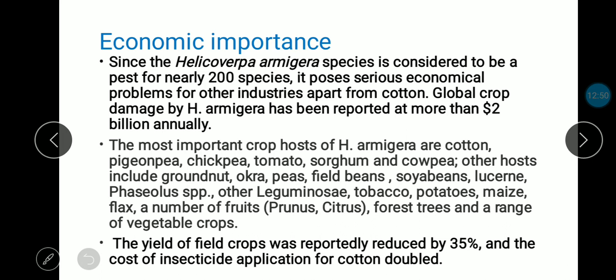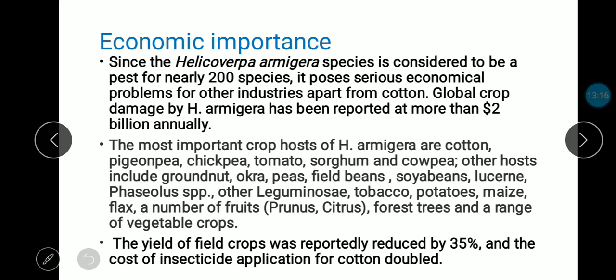Other hosts include groundnut, okra, peas, field beans, soybeans, lucerne, etc. Other hosts include leguminous plants, tobacco, potato, maize, flax, a number of fruits including citrus, forest trees, and a range of vegetable crops.